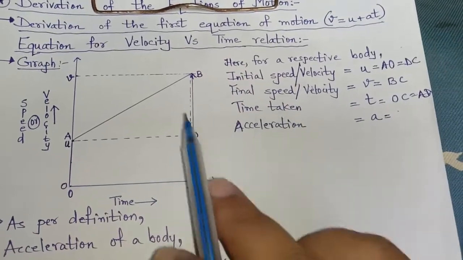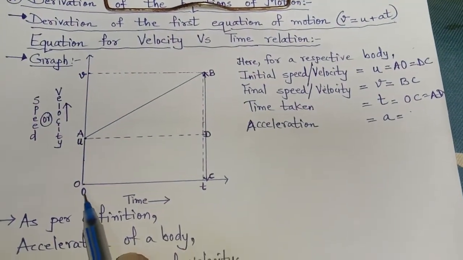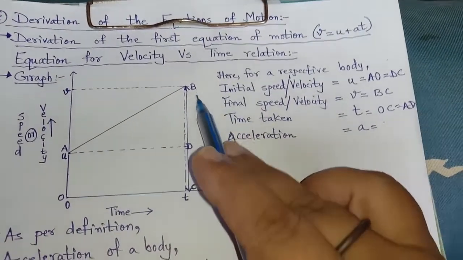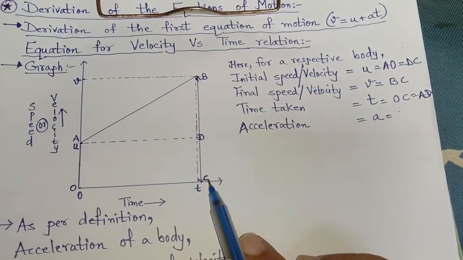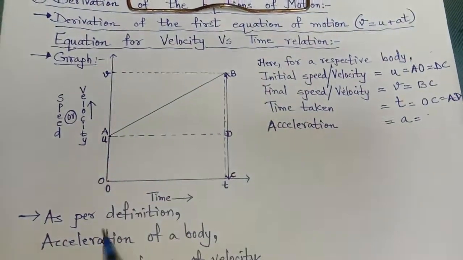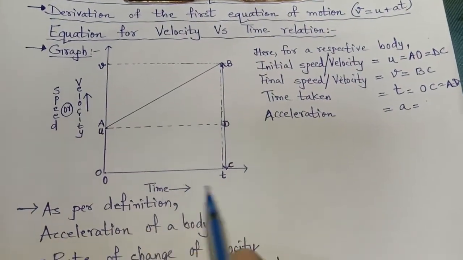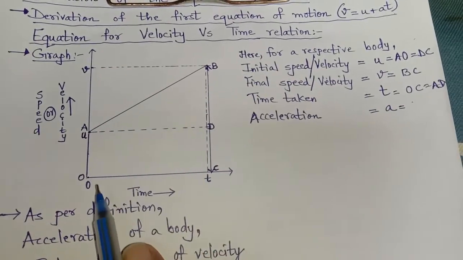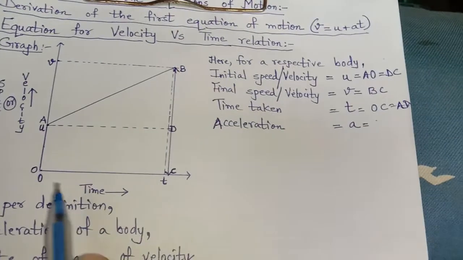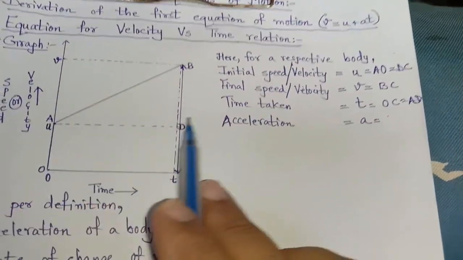Final velocity is from this to this, and now it has reached here. So we can consider this whole as final velocity BC, which is equal to v. Time taken is from 0 to t, that is OC, which is parallel to AD.